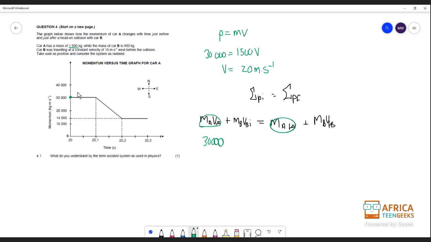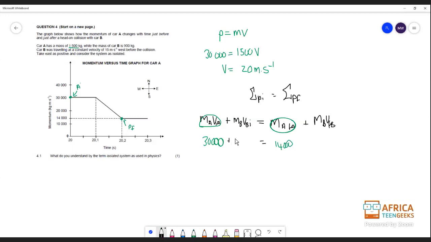Here you've got your P initial, and over here is your P final for car A. So you can just read those values off the graph. So on this side, I will put 14,000.